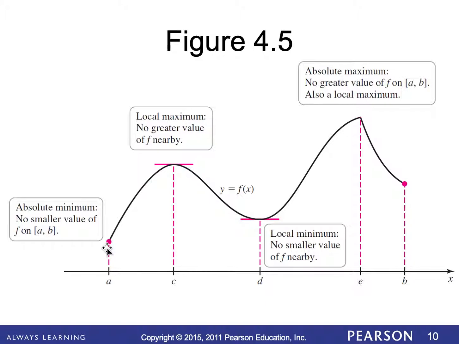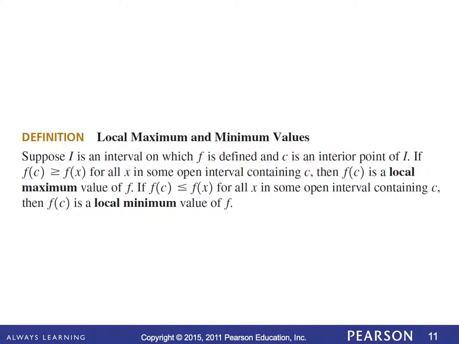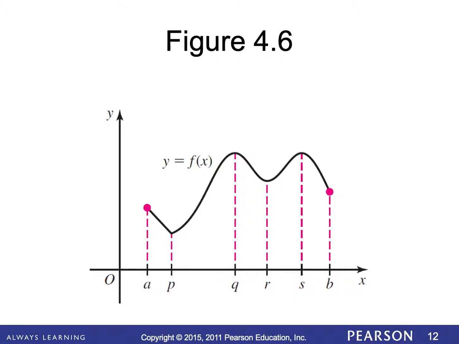The lowest point of the graph is here. If for some reason a was a little bit higher, maybe right here, this would be our absolute. So our absolutes are the absolute highest and lowest points, and they have to be defined. The locals occur within the interval and are anywhere we have that horizontal tangent line with a slope of 0.